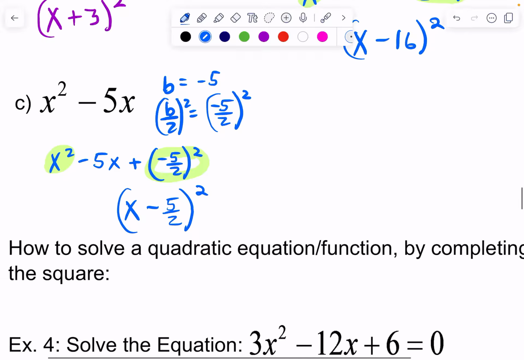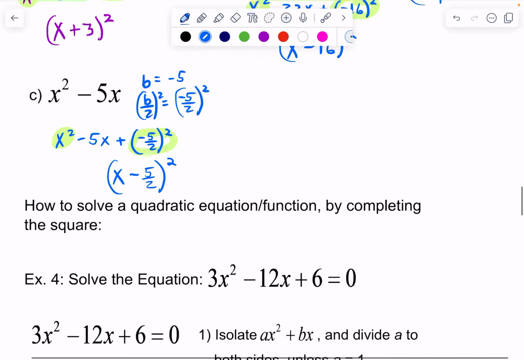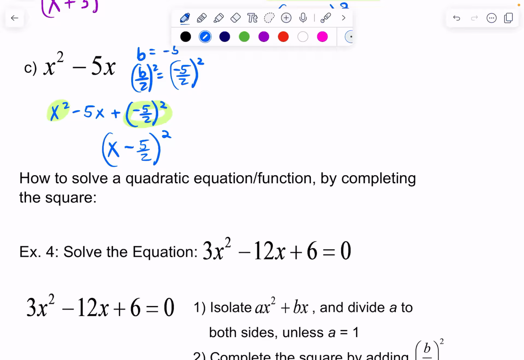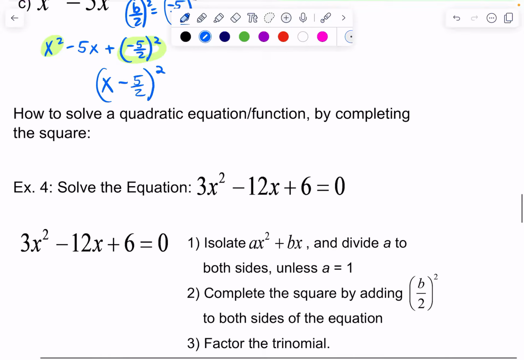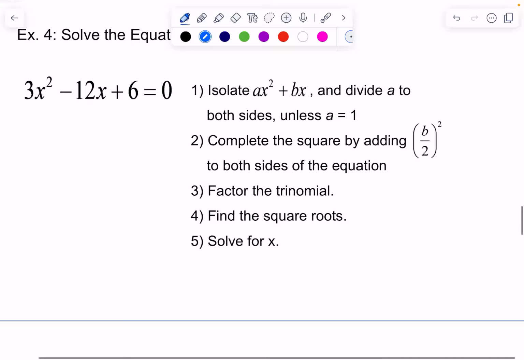Now, let's learn how to use that skill to solve a quadratic equation by completing the square. Step one, we isolate the ax² + bx and divide by a on both sides, unless a equals 1. If a equals 1, we don't have to divide anything.